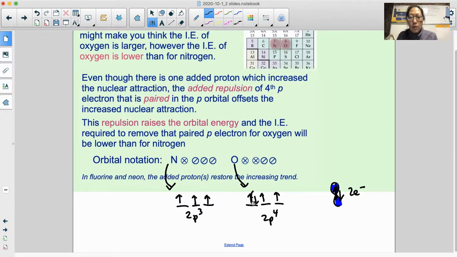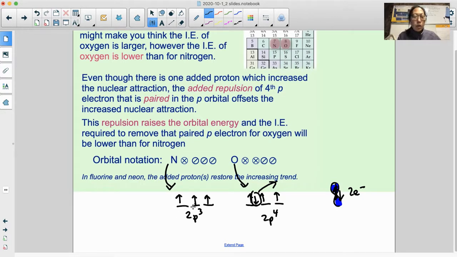So when we take one of these electrons and remove it, we are actually taking away that repulsion energy. So it's kind of a compensation. We're going to remove our electron, and it takes energy to do that. But because there's this repulsion energy that's increasing the energy of the orbitals, it actually causes the ionization energy to go down, because we're losing that repulsion energy here.